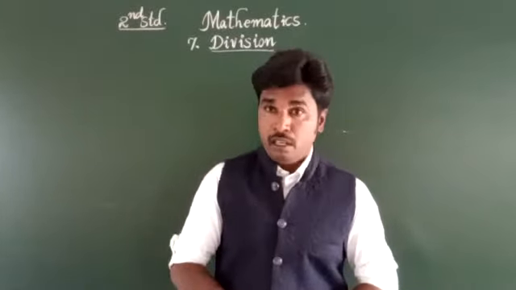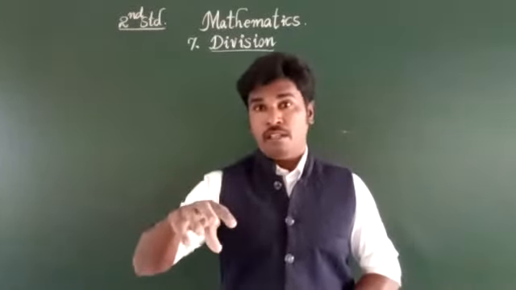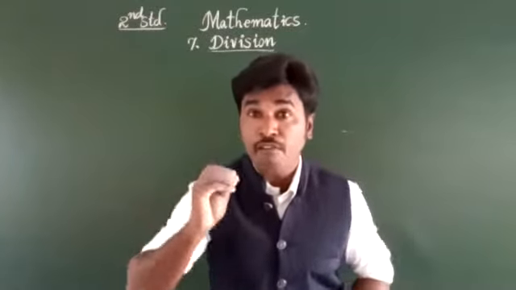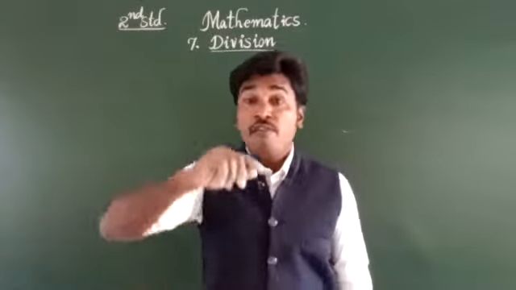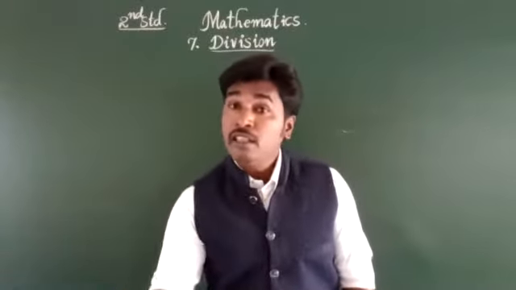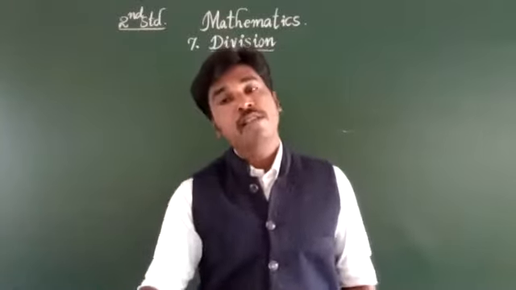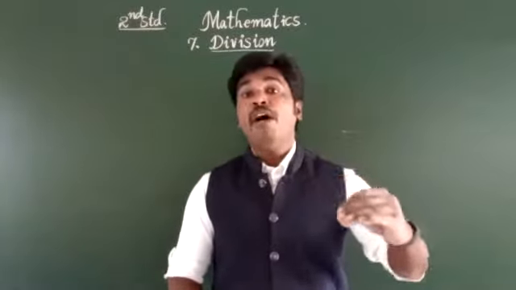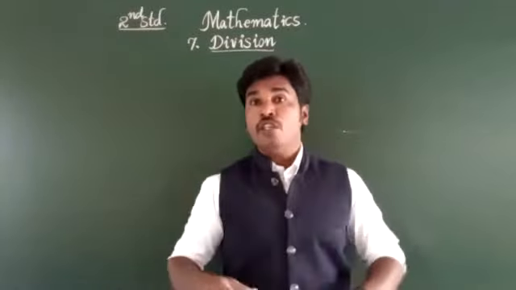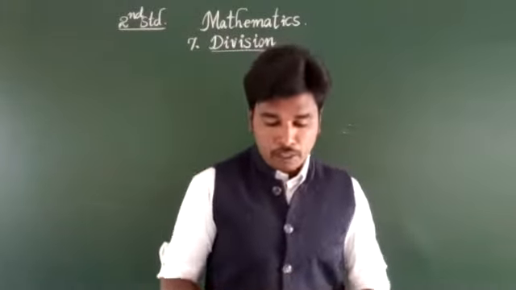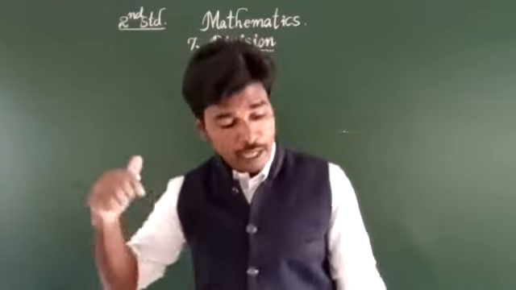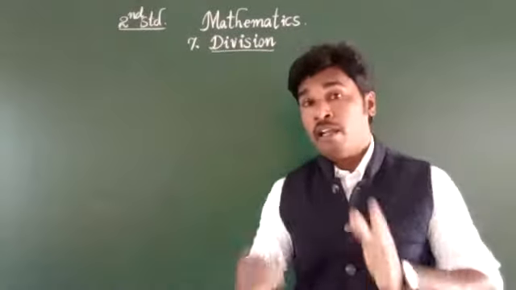The number which is divided, the number which we have taken to divide, is called the dividend. The number by which it is divided is called the divisor. The number which is left after division is called the remainder.